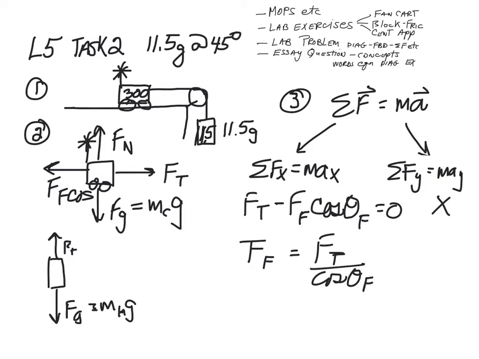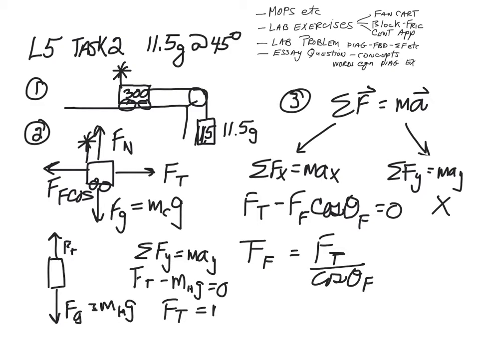I'm not writing very well. And then if you write the sum of the forces in the y direction for this free body diagram, what do you get? You get Ft up minus m for the hanging mass, g down, and they're equal to 0. Why? Because if the cart's not moving, the mass isn't moving. And so that finishes the problem.